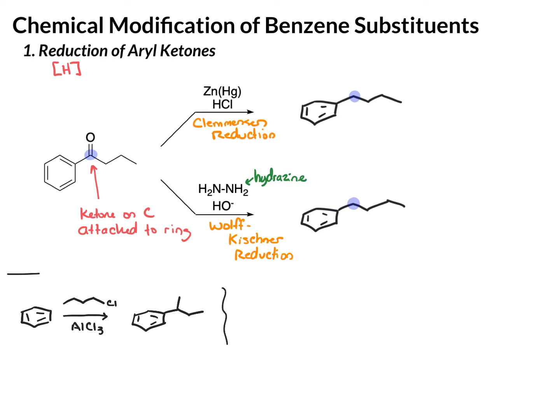So what you would do instead is start with benzene, then do the acylation. So we would use the acyl chloride with the 4-carbon chain.